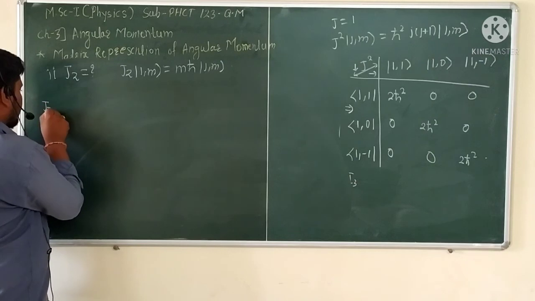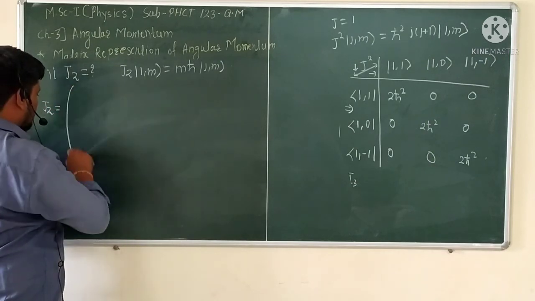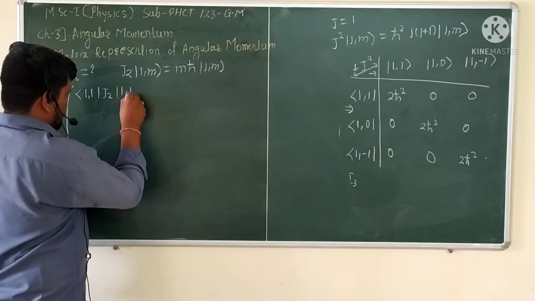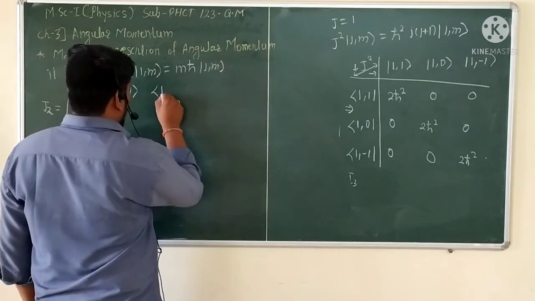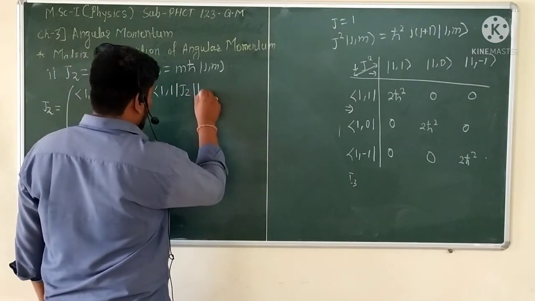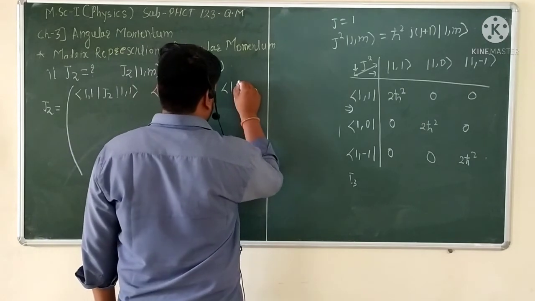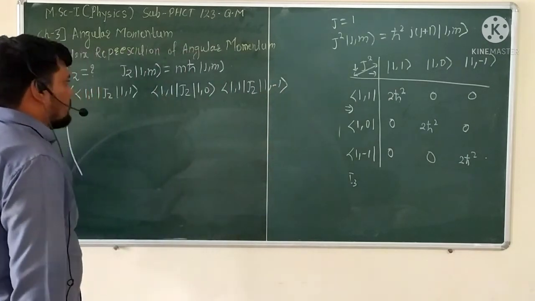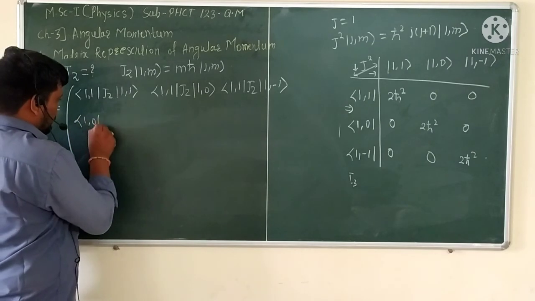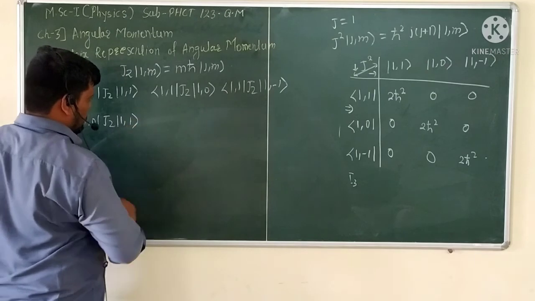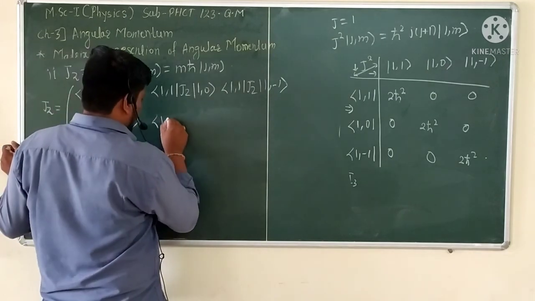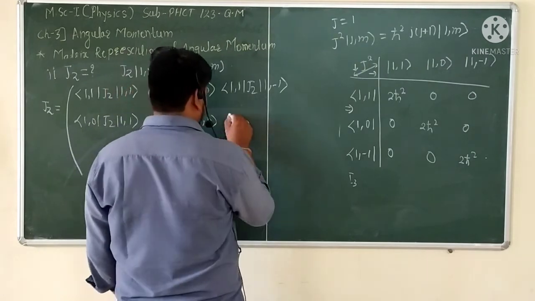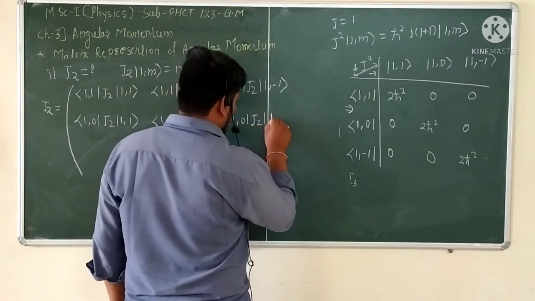The matrix representation of this Jz is nothing but the bra <1,1| operating on Jz, ket |1,1|, then <1,1| Jz |1,0>, and <1,1| Jz |1,-1>. Next, <1,0| Jz |1,1>, <1,0| Jz |1,0>, and <1,0| Jz |1,-1>.